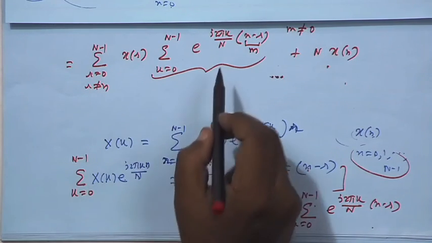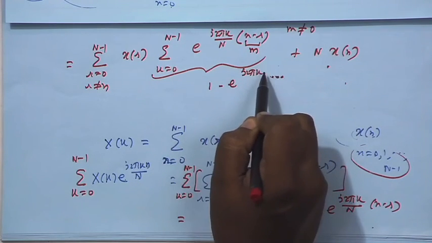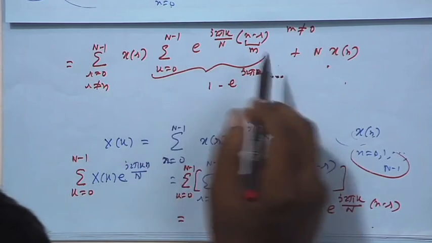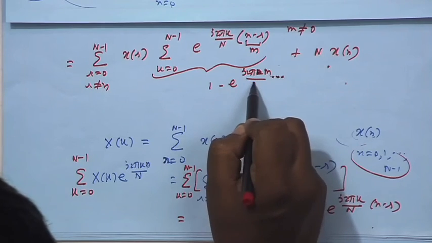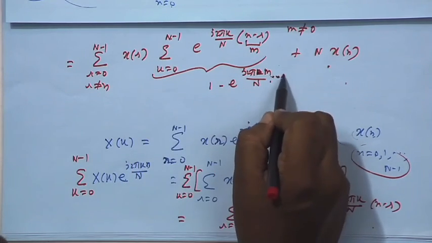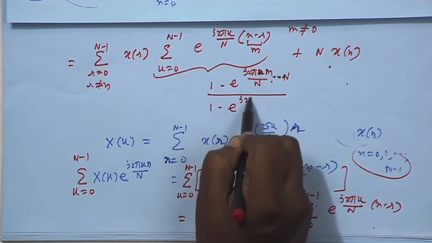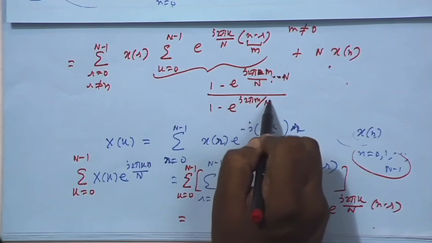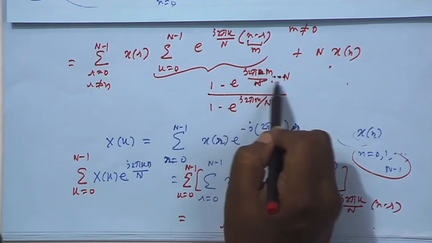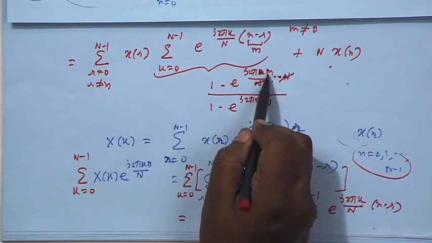So, in this GP series, summed over k from 0 to capital N minus 1, it will be 1 minus e to the power j 2 pi m by N times N, divided by 1 minus e to the power j 2 pi m by N. Now, look at the numerator. e to the power j 2 pi m, m is an integer, positive or negative does not matter.